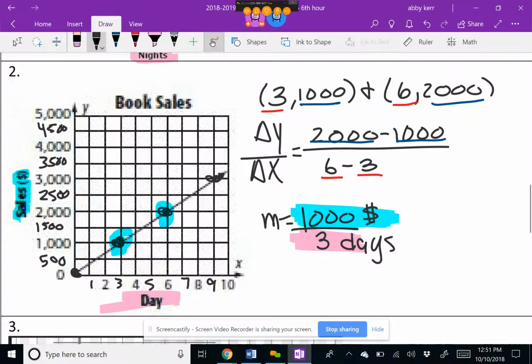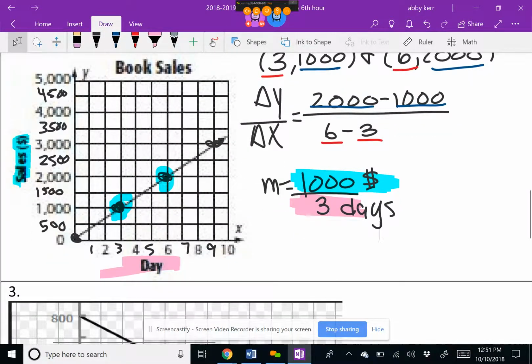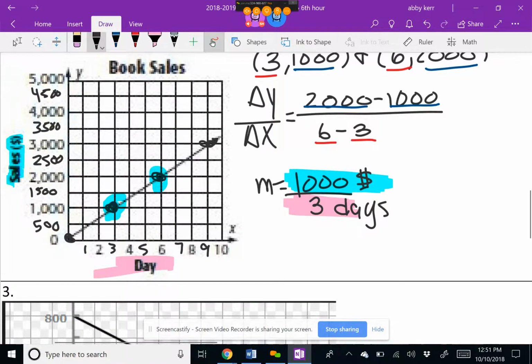Now, one thing that we talked about in class, a lot of students said 1,000 books were sold. You want to make sure you read the title of your graph. We're talking about the book sales, how much money they earned. So you can say every 3 days, they made $1,000 in book sales.